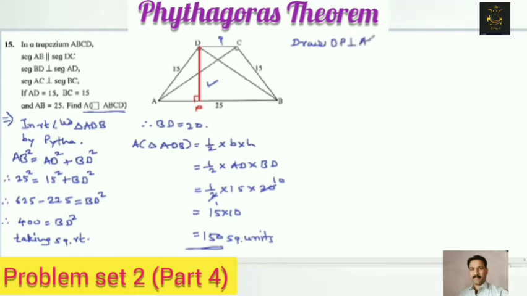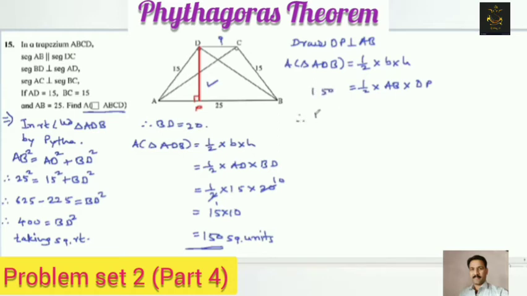perpendicular to AB. So again we'll find the area of the same triangle, which is ADB, equal to half into base into height. What is the base now? We'll take AB as the base. And what about the height? It is the DP we just drew. But the area of the same triangle ADB we just found, 150.